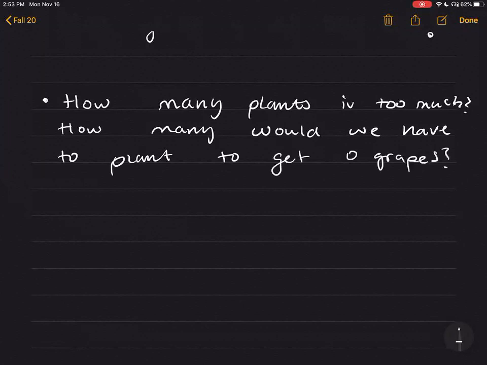Right? We could plant 0 plants, but according to the model, there's another point where you planted too many plants and you end up back with 0 grapes again. It's not realistic per se. I mean, you plant any number of grapevines, you're probably going to get at least 1 grape, but we're only dealing with the model, so we're just looking at the parabola. So we're asking, where is A of n equal to 0?